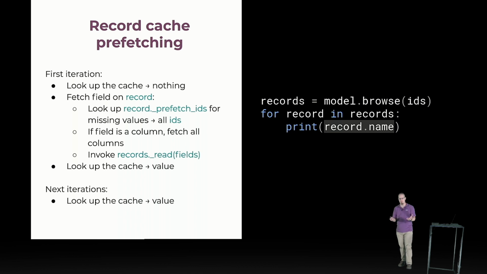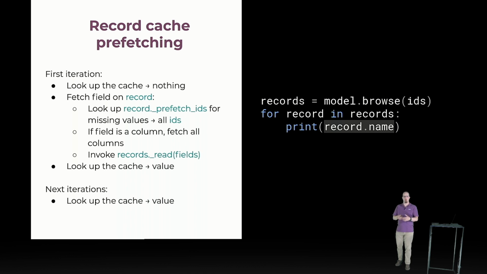So the prefetching of the cache, what does that mean? Imagine you have the code here on my right hand side. Essentially you browse a bunch of records, and then you loop through each of those records, and for each you access the name of the record, the field called name. If you have n records in the set, you don't want to make n queries.